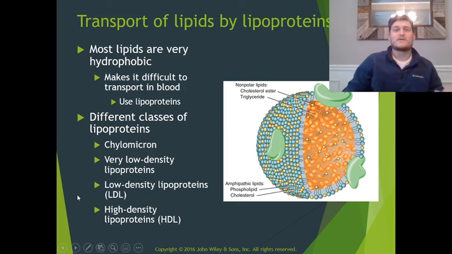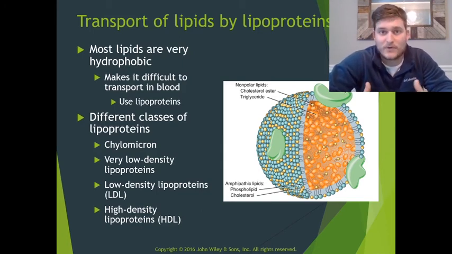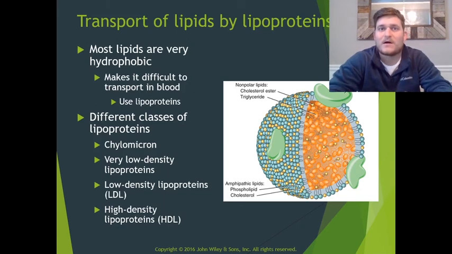And again, these are markers typically used to assess someone's vascular health because we want to try to avoid what is called atherosclerosis, which is the buildup of plaque within our blood vessels, because the buildup of plaque can cause some serious consequences such as heart attack or stroke.